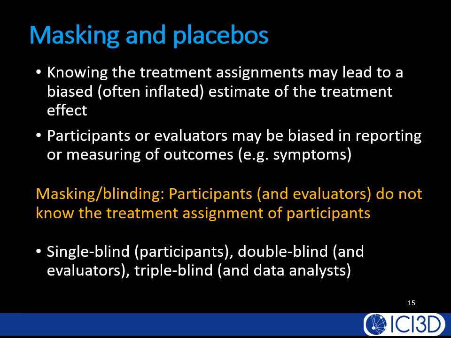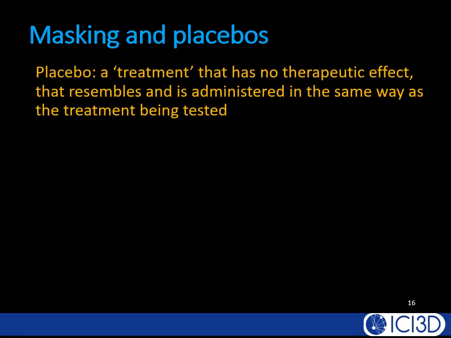And in a triple-blind study, the data analysts don't know too. A placebo is a treatment that has no therapeutic value, but that resembles and is administered in the same way as the treatment being tested. For example, in the smoking example, a patch that is of no therapeutic value could be used in the control arm.